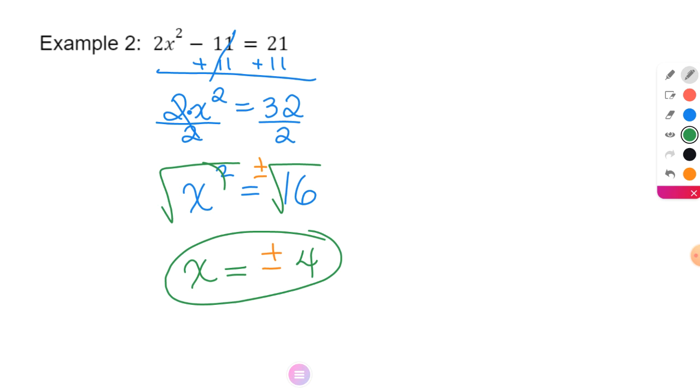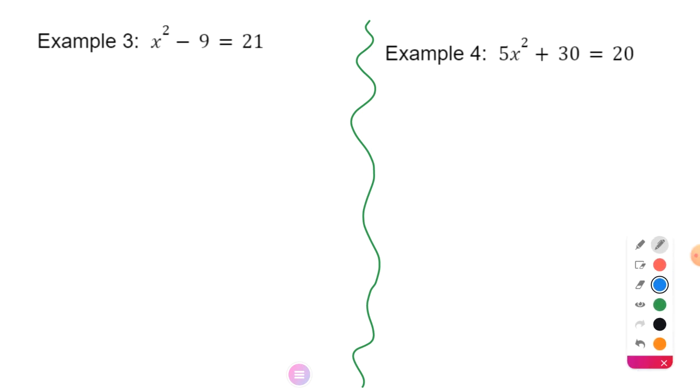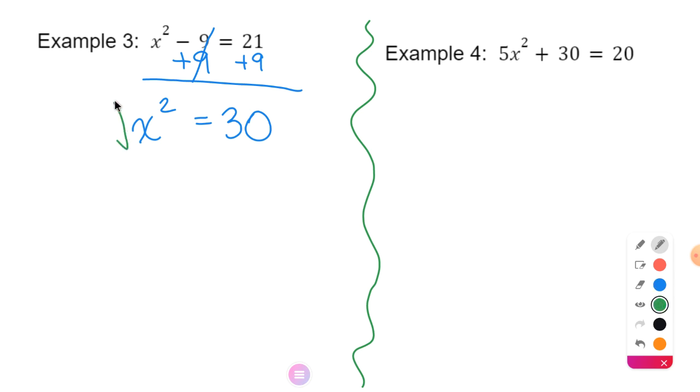All right, example 3. So example 3, get the x squared term by itself. I better add 9. X squared equals 30. The squared term is isolated. Now I can take the square root of both sides.